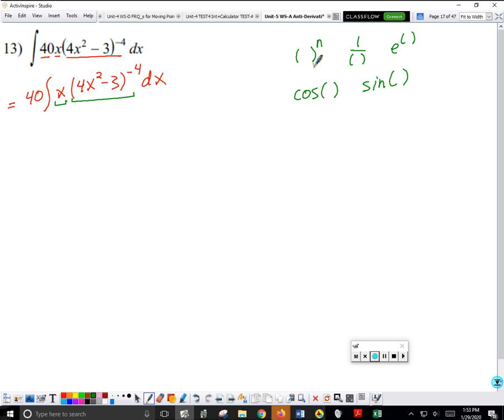You good? Please. Does that mean it could be something to the n minus something, or does it still have to be just a single exponent? Like for the pink rules, it's not allowed to be x to the n plus 1. It has to just be x to the n, or else it doesn't work.